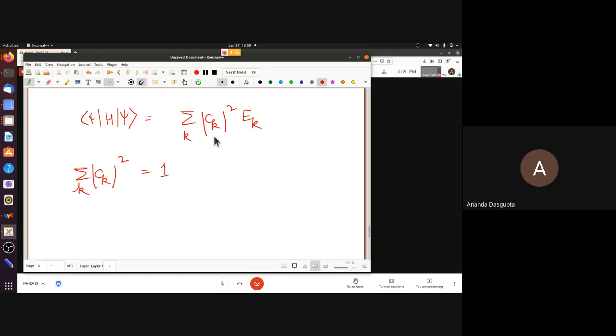Now this immediately tells you one thing. Even without going into mathematical tricky details, you should be able to tell me: if you have to average a bunch of numbers, what can you tell me about the size that the average can have? One absolute thing you can say about the average of a bunch of numbers, even if it's a weighted average with different weightings.